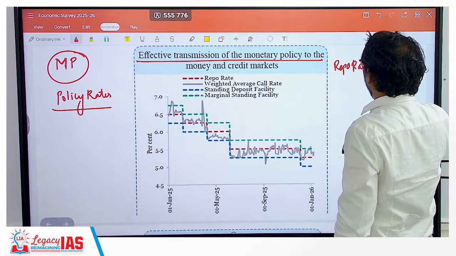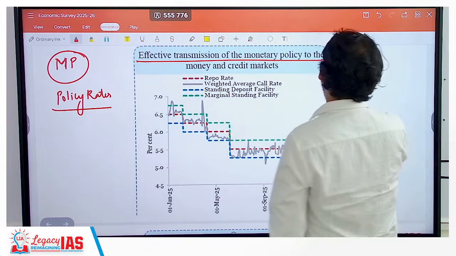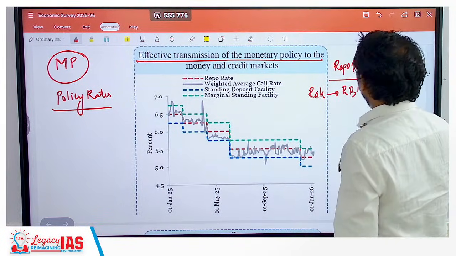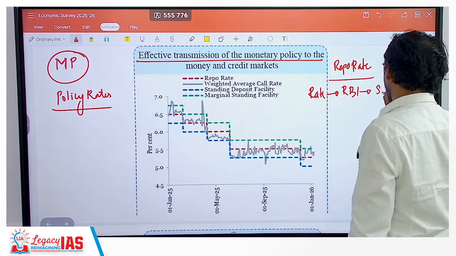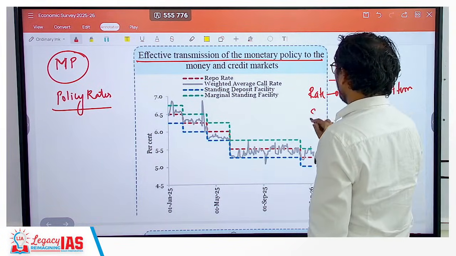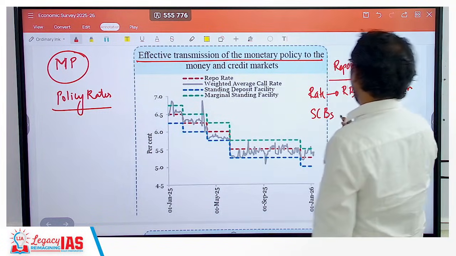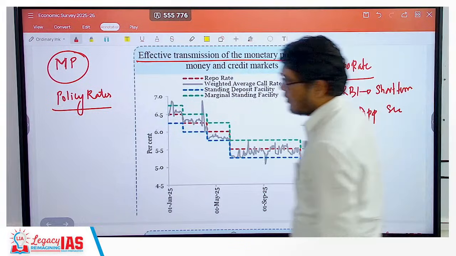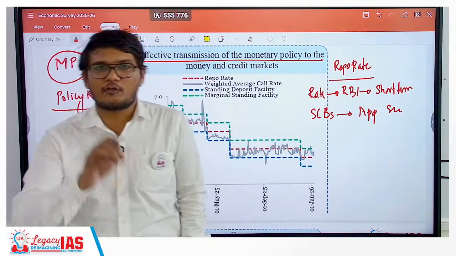Repo rate is the rate at which the RBI gives short-term loans. To whom? To the scheduled commercial banks against approved security. So it's the rate at which RBI gives short-term loans to the scheduled commercial banks.